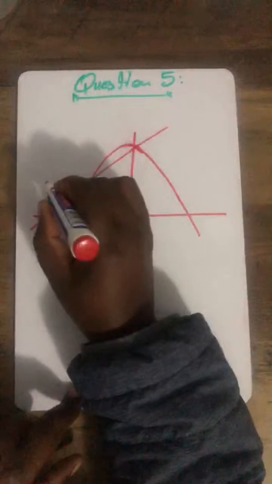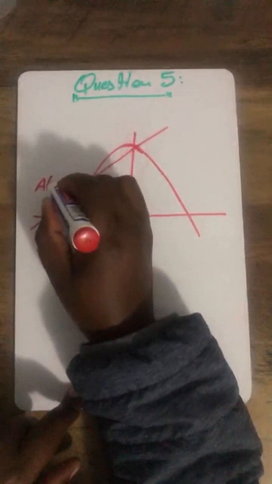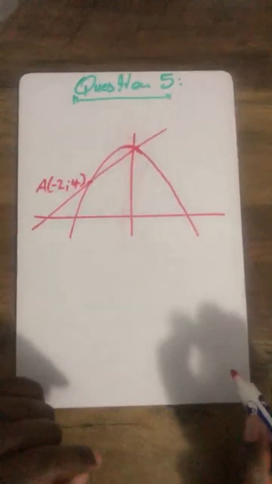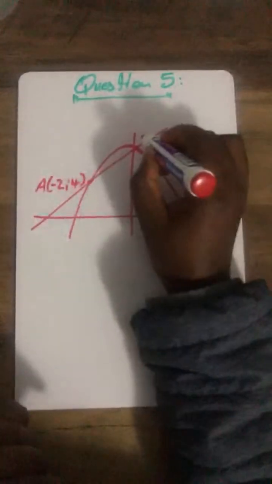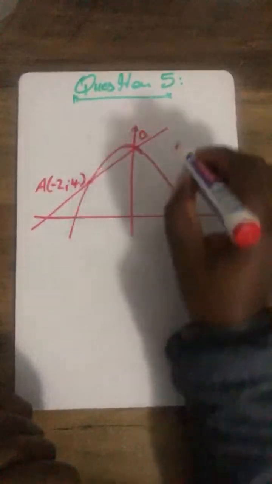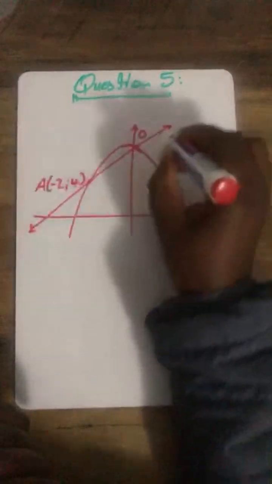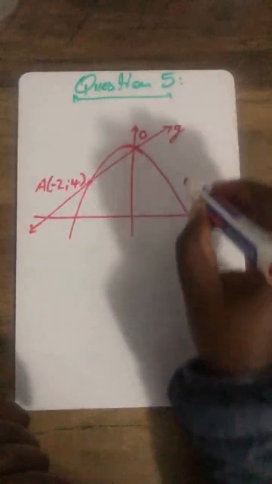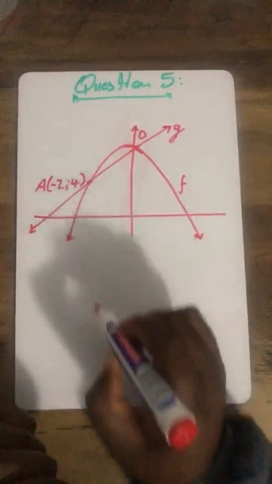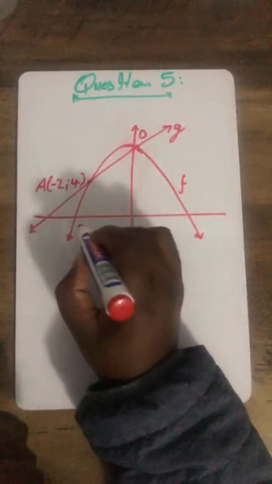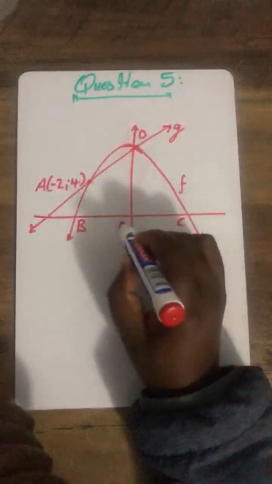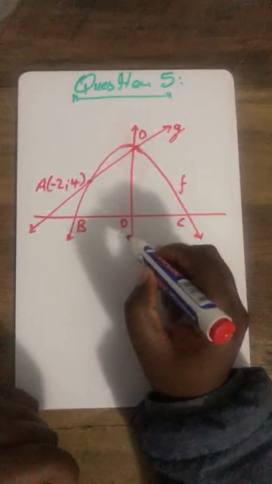Where we've got point A over there having the coordinates of -2 and 4. And then that point there is called point D. This is the function of G, and this one is the one for F. And then we've got B there, C there, and O obviously for the origin.